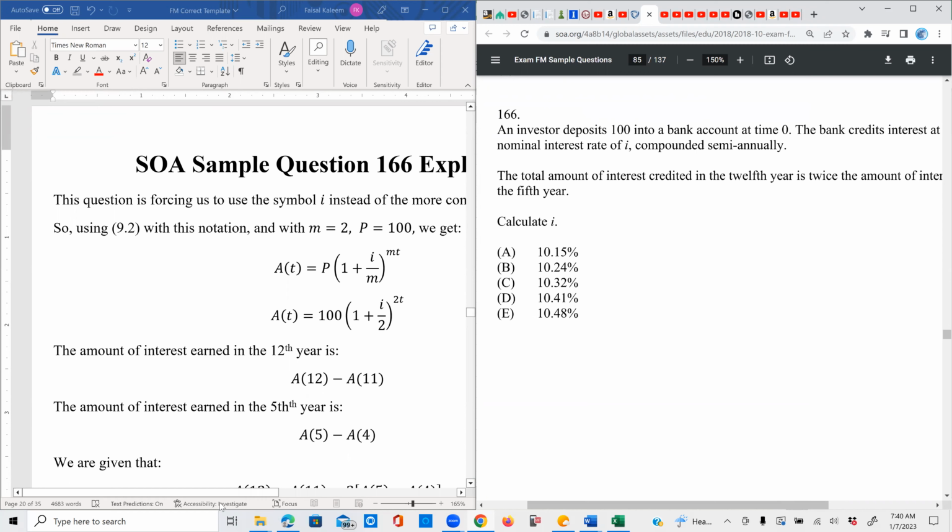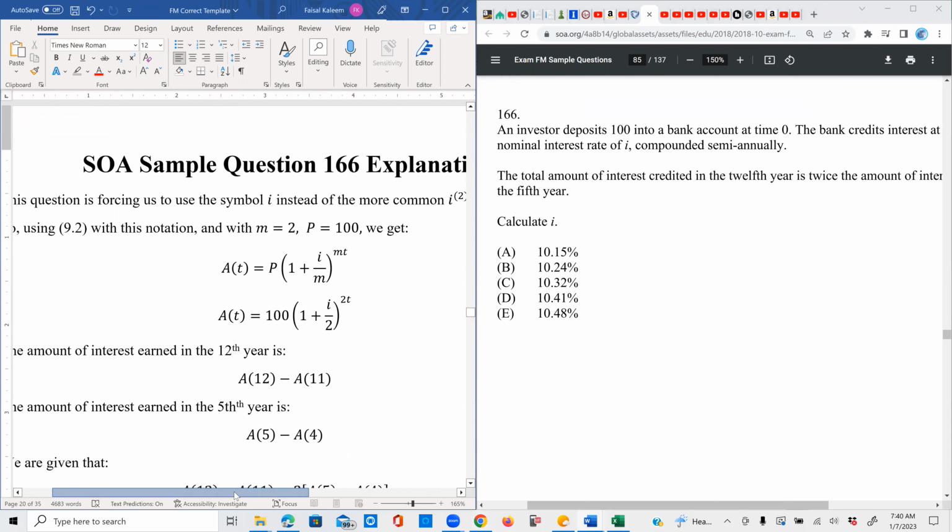Okay. So the usual equation 9.2 was A(t) is equal to P (1 plus i^(m)/m) to the power mt. But as we said, they are using the symbol i instead of i^(2). So semi-annual compounding means 2 compoundings a year.